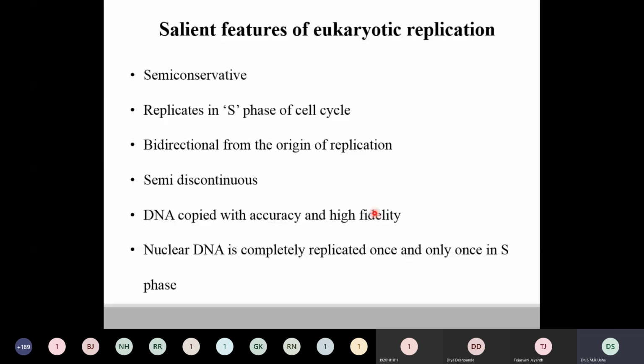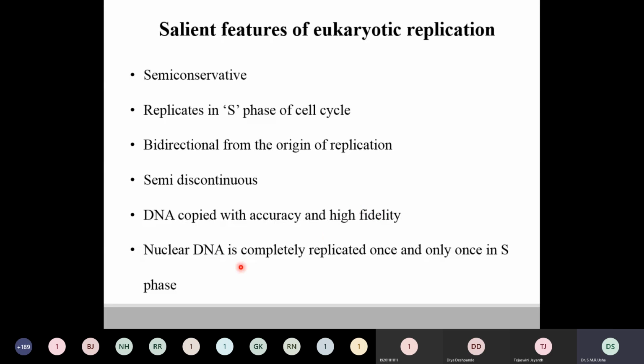In the next strand, thymine is supposed to be added. But by mistake, if the enzyme adds cytosine, after adding, it will again check. If it is a wrong base, it will edit the mistake that it has made. In other words, the replicative enzymes have proofreading activity and editing activity. So this we will discuss in detail later.